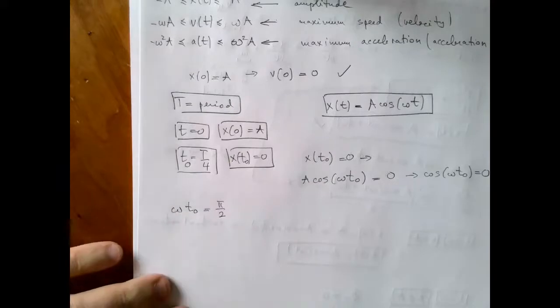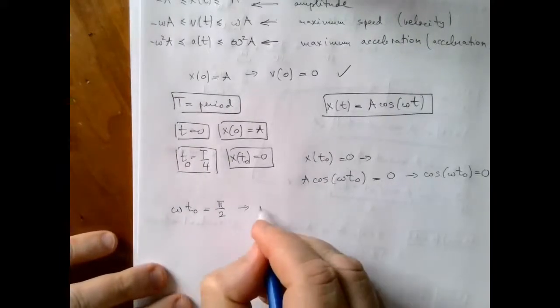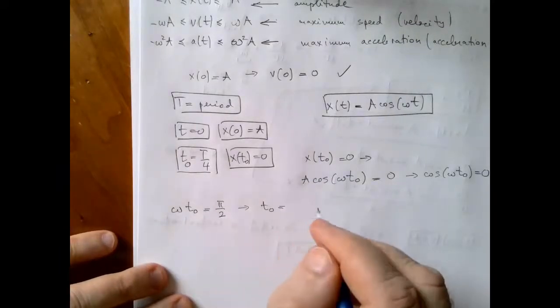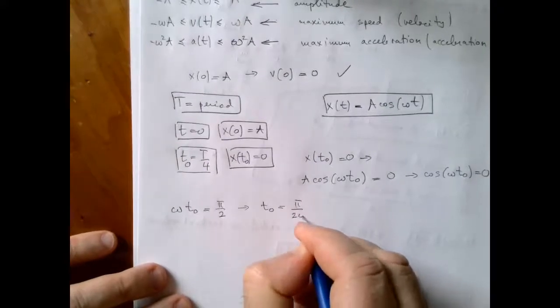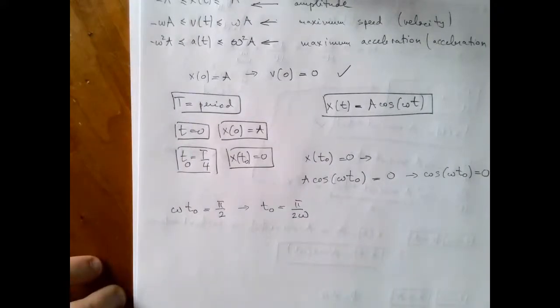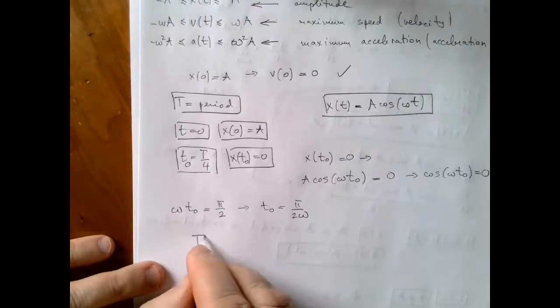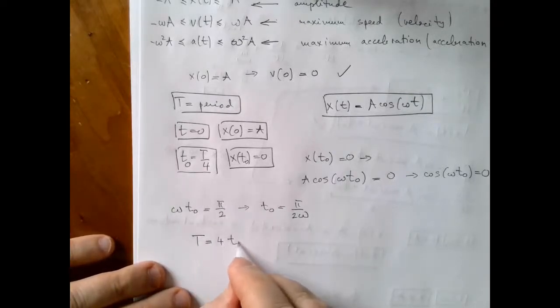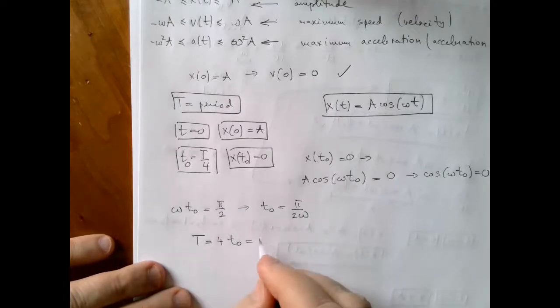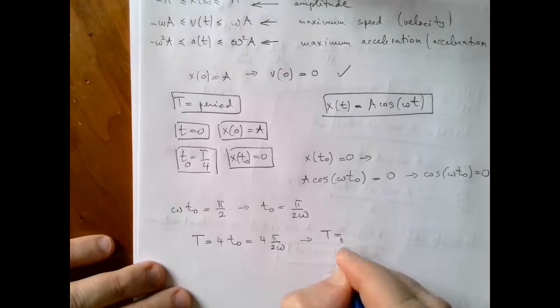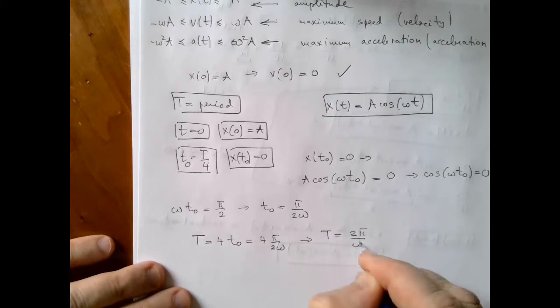Cosine of pi over 2 is equal to 0. So t0 is pi over 2 omega. And if we want to find the period, it would be 4 times this, so 4 t0, or 4 pi over 2 omega, or the period is 2 pi over omega.